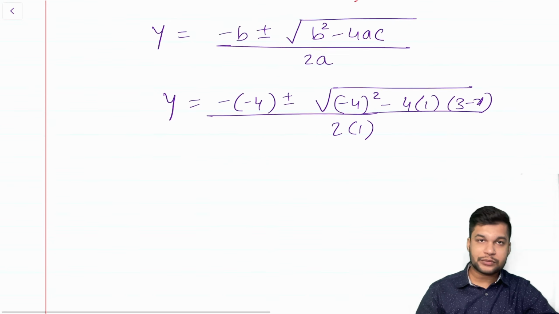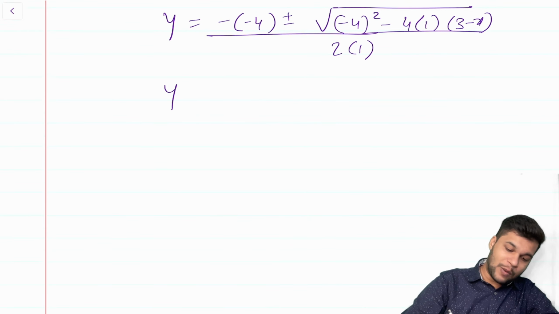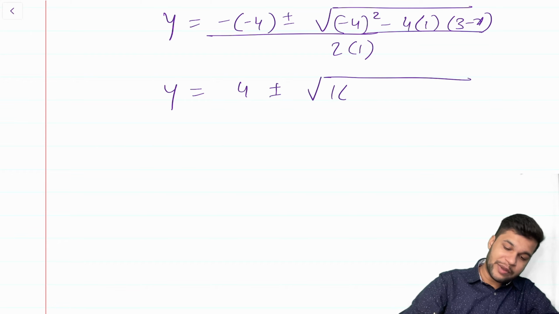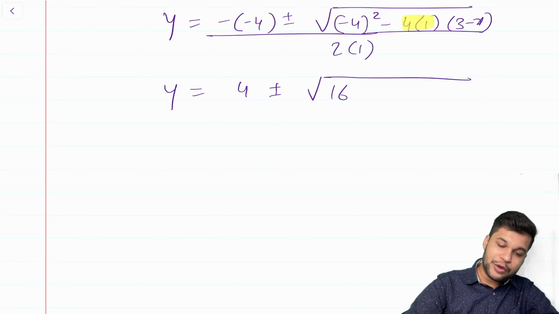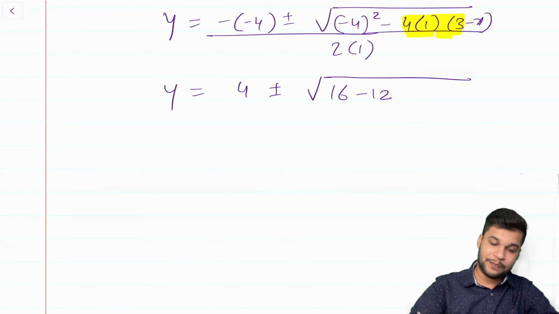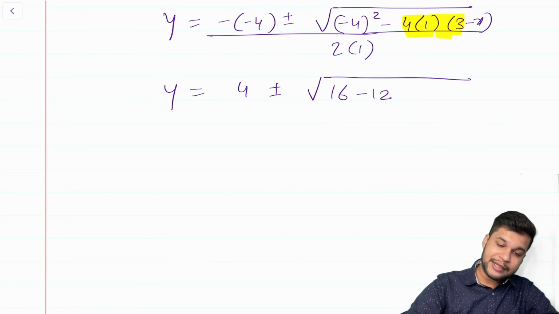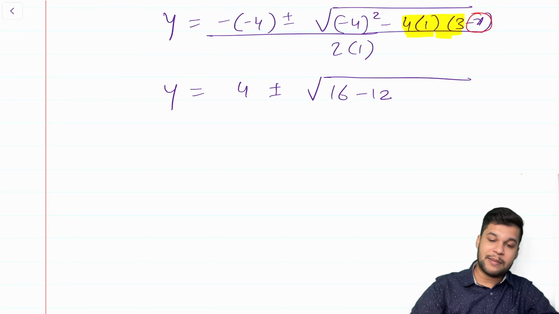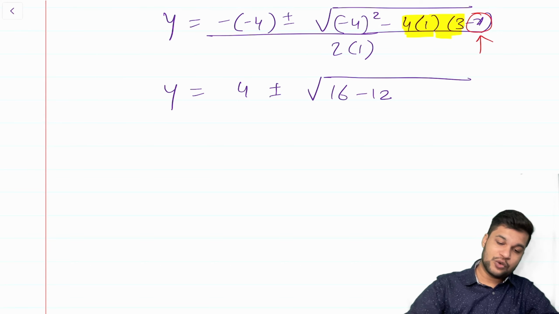Okay, let's simplify this. So y equal to 4 plus minus square root of (minus 4) whole square is 16, then 4 into 1 is 4, into 3 is 12. So this becomes minus 12 because we have a minus sign before 4. And then you multiply minus 4 with minus x, so you get plus 4x.